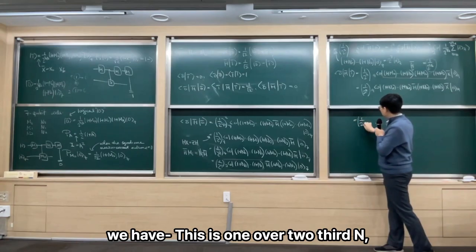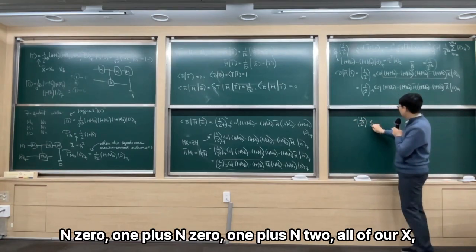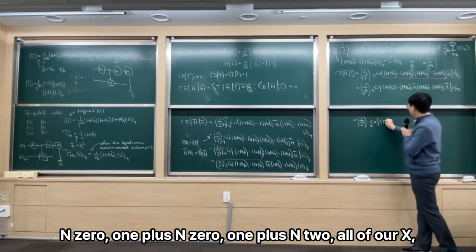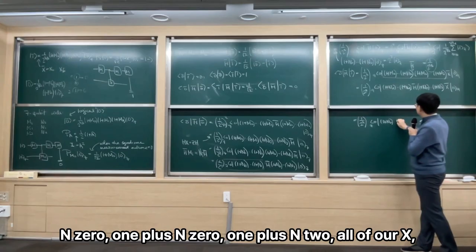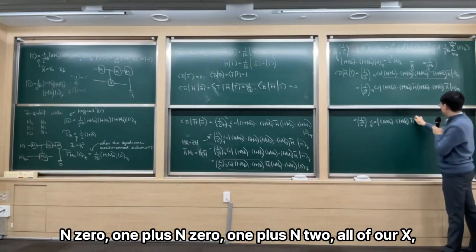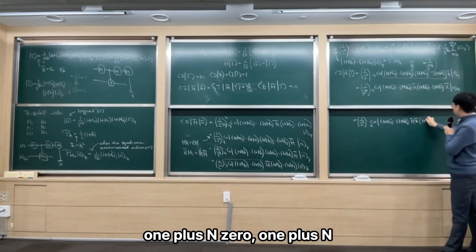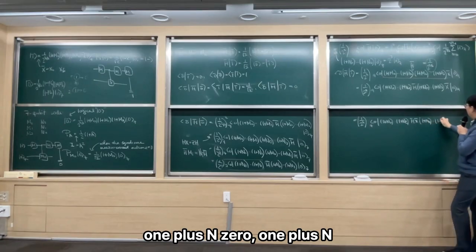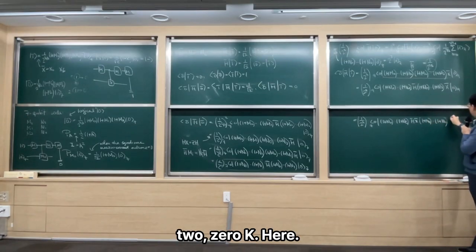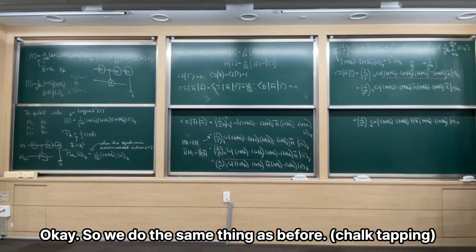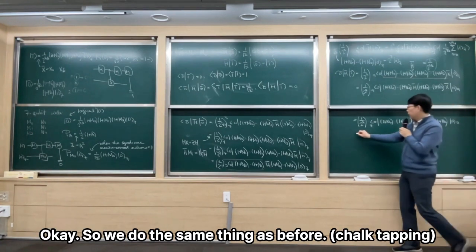So we have 1/2 and 7, 0, 1 plus n0, 1 plus n2, Valdemar x, 1 plus n0, 1 plus n2. Okay, so we do the same thing as before.